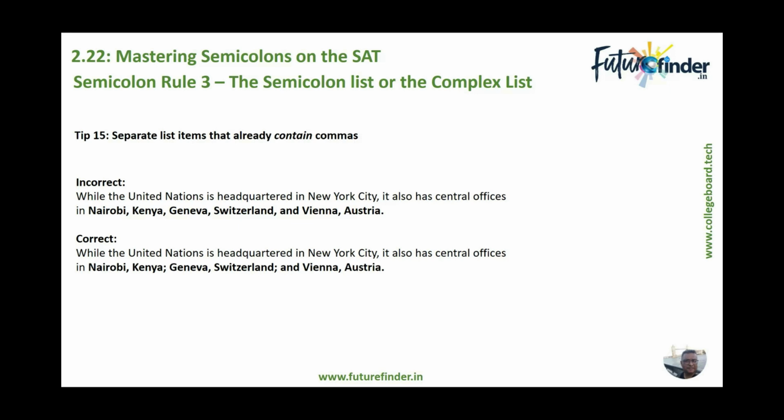So we use a semicolon to separate a list of items that already contain commas. So what happens if there is a sentence wherein you have got item A, comma, item B, comma, item C, and then you have also got another list which has got item E, comma, item F, comma, item G, right? How do you demarcate these two?